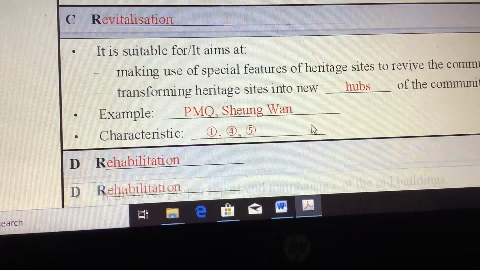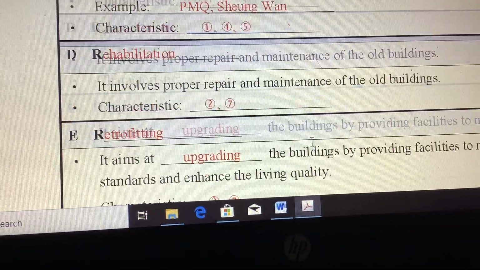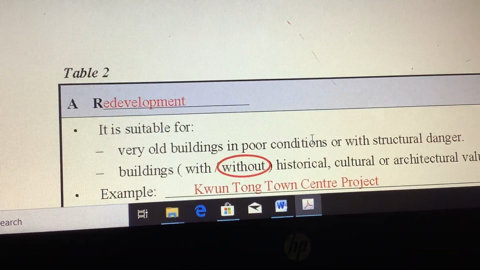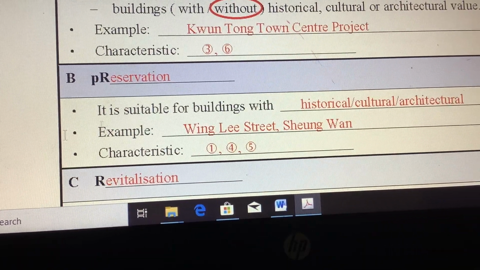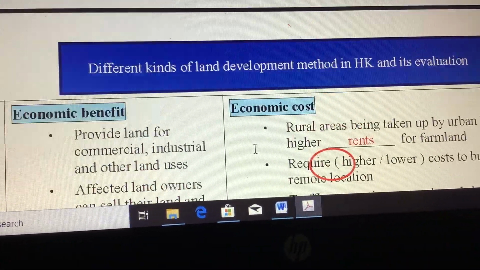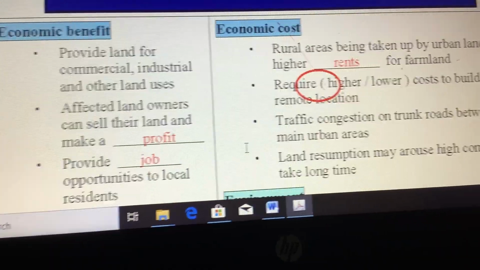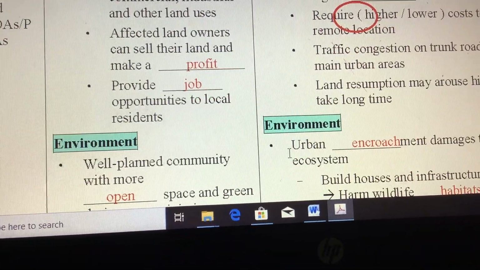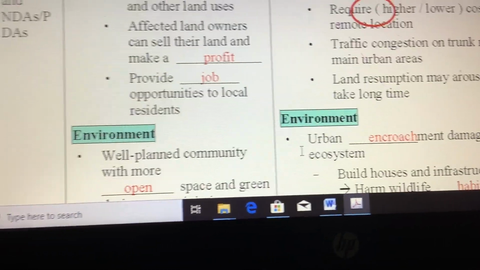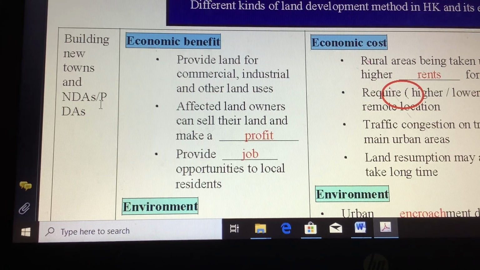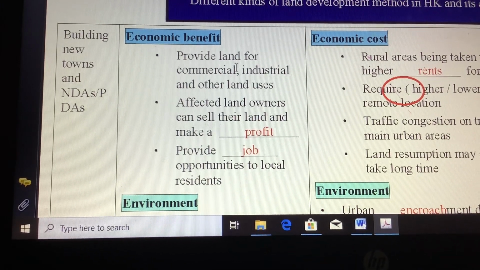And right here, which is talking about different kinds of ways that help to reduce the urban decay problem, there are some examples for you as well, because I don't think my examples are enough. And this part is talking about different benefits and costs, a pros and cons evaluation for the different land obtaining options.